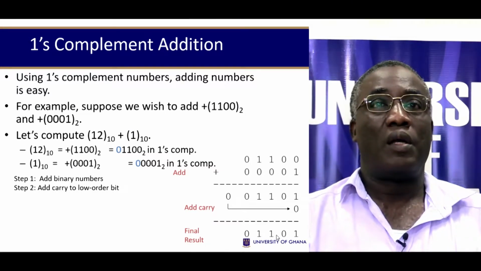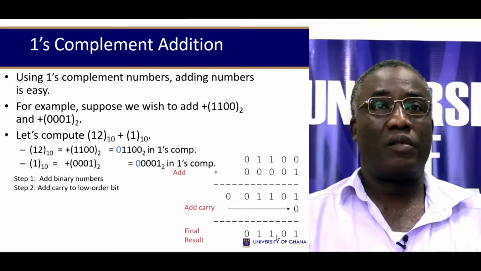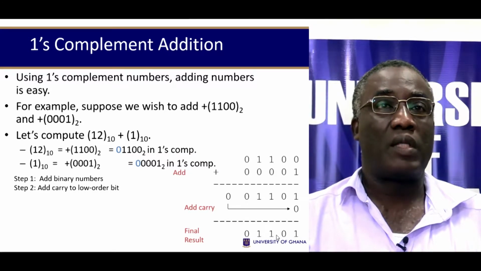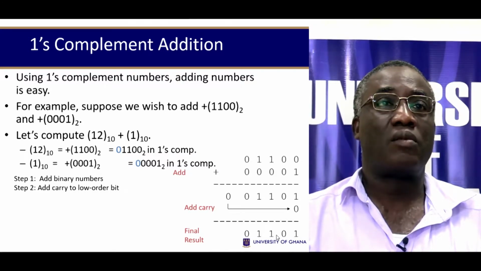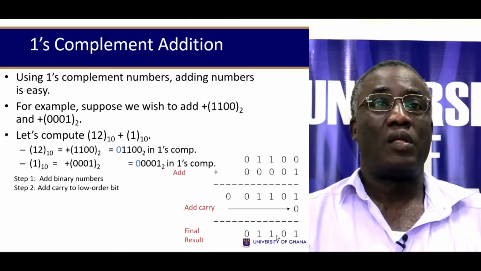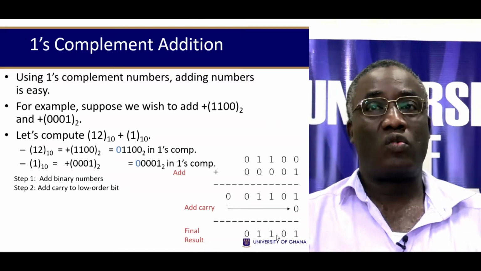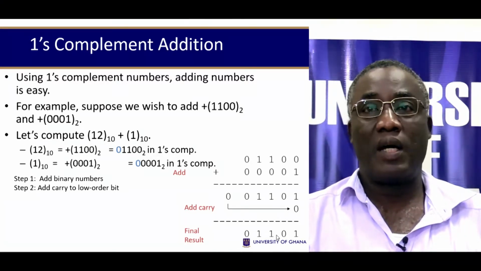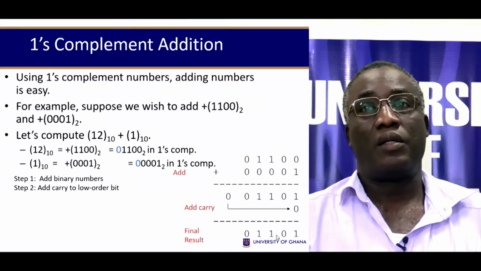So you write down the 12, and the 1's complement, because you need the sign bit, is 0011100, and then the 1, you write them down, and you simply add the numbers as they are. And it's straightforward.